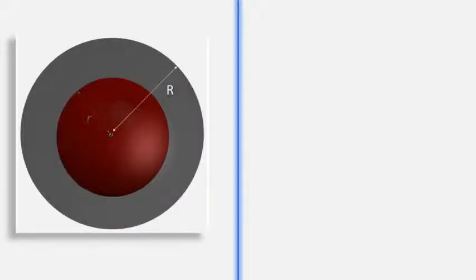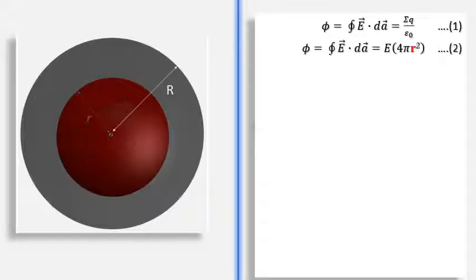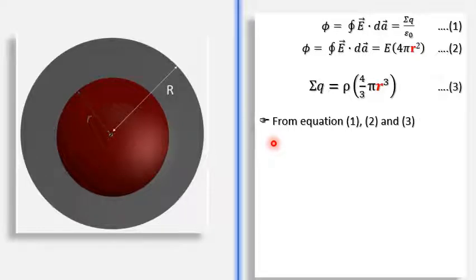So now we have the situation in the left pan, and we have 3 equations. Gauss's law: on the left side of Gauss's law we have evaluated closed integration E dA, it comes out to be E into 4 pi r square, and on the right side we know that sigma q is density into volume of the Gaussian surface, because we want the charge enclosed by the Gaussian surface. Now we'll use equations 2 and 3 in equation 1, and this is what we get.